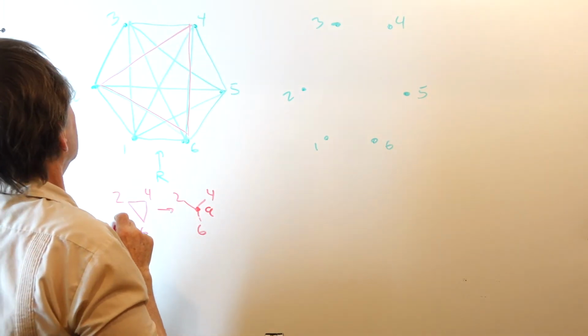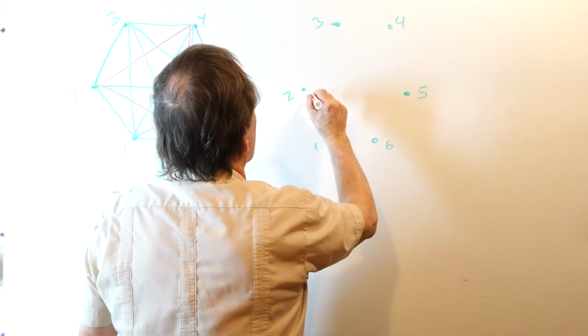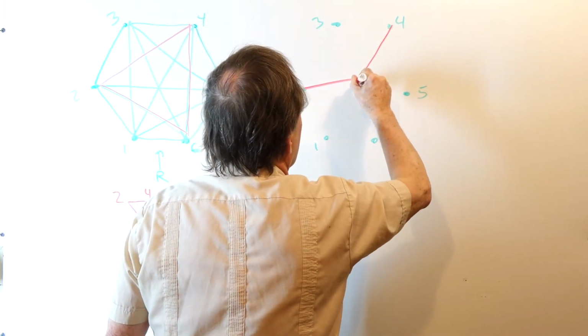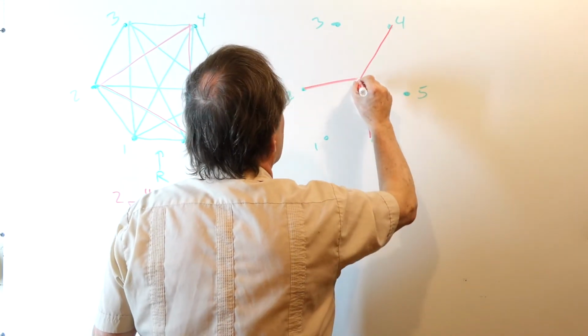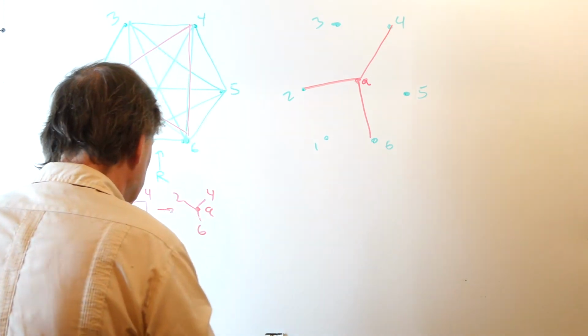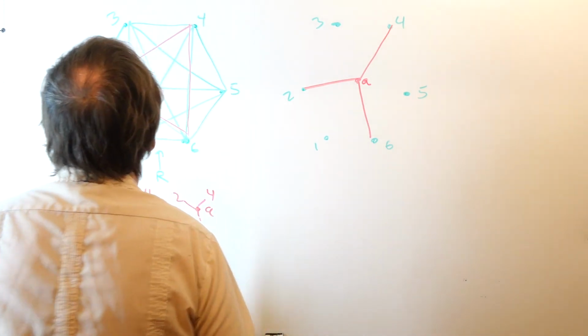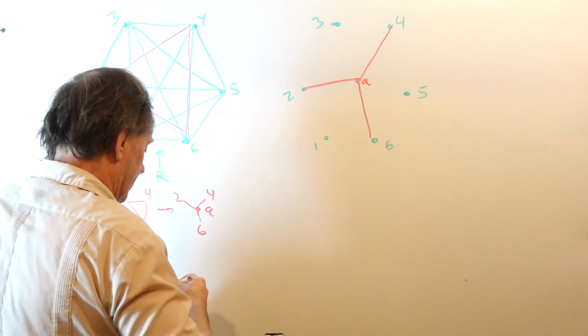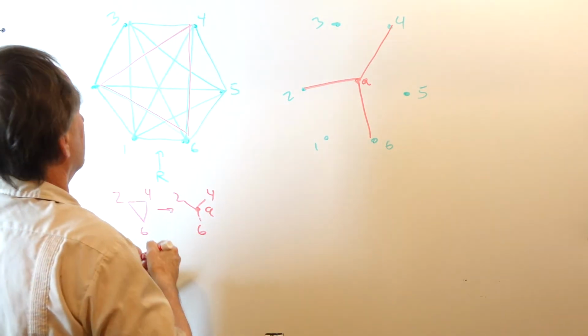We'll call it A. So we have an element going from 2 to 4 to 6, and we've created a node A. Now, let's do the same thing with nodes 1, 3, and 5.